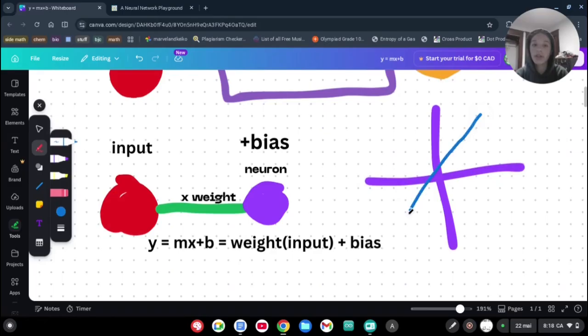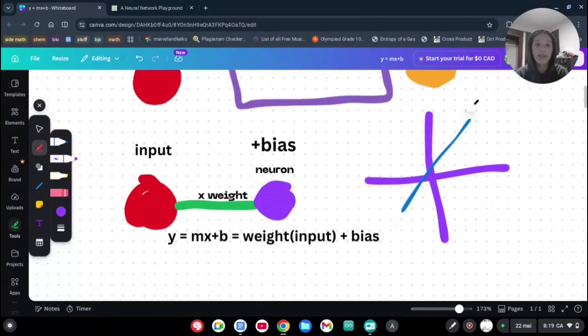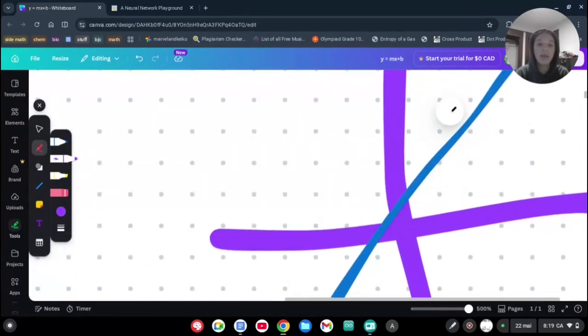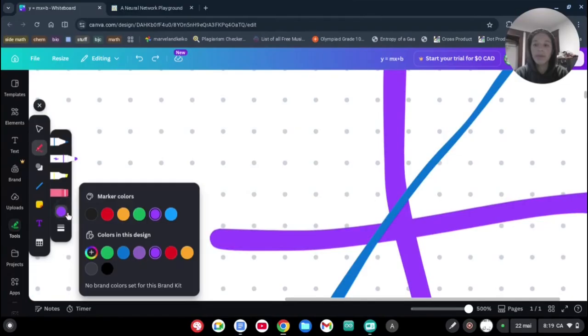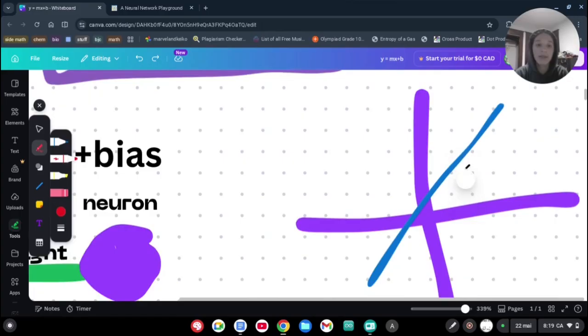If we're just trying to learn a linear function, I think this would be all we need to do. Let's say this is the line of approximations of our neural network, and for any x value, this is the approximation for it.